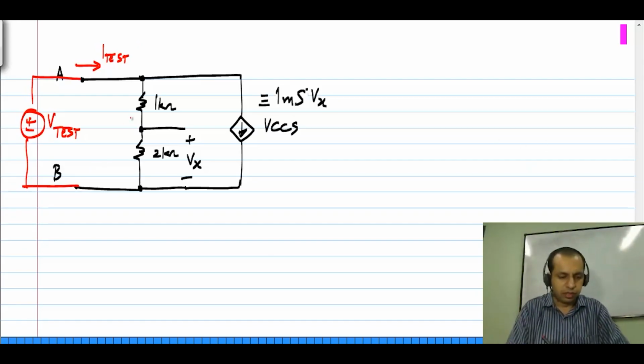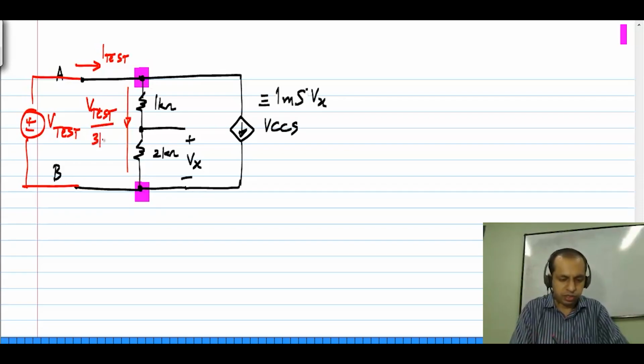Now, clearly, if I have a V-test, it's applied across this series combination of two resistors. So, the current that flows here is given by V-test divided by the total resistance between these two. I'm only looking at this series branch, which consists of these two resistors.